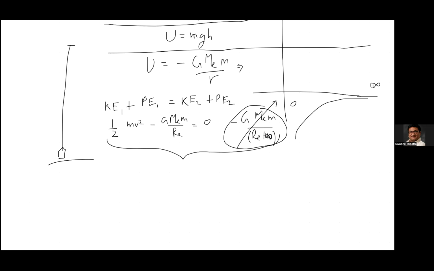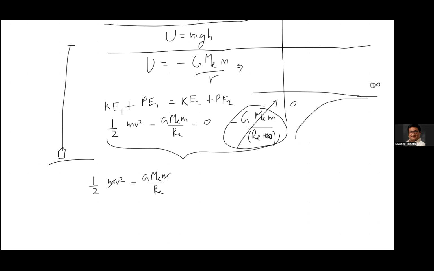And so then half mv squared minus GMeM over Re is equal to zero, or this is equal to this, right? The m and the m cancel.